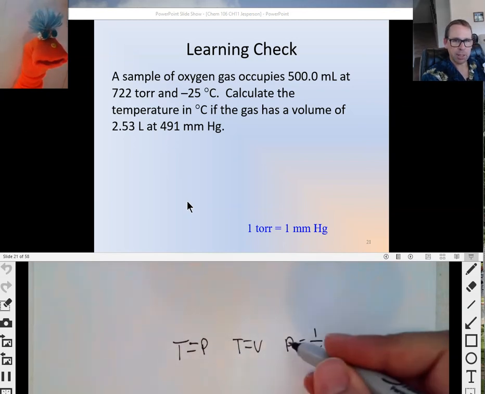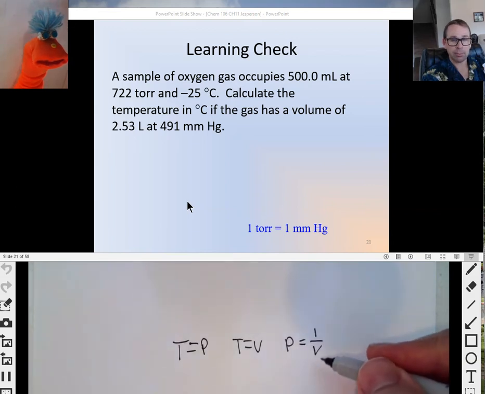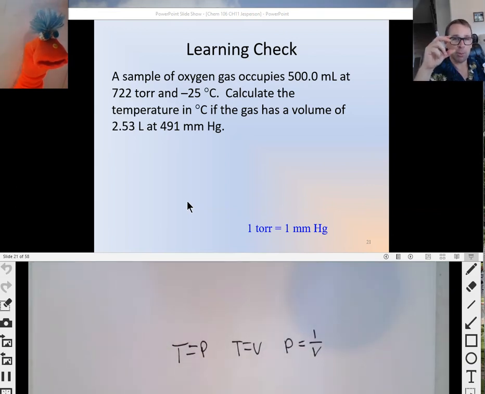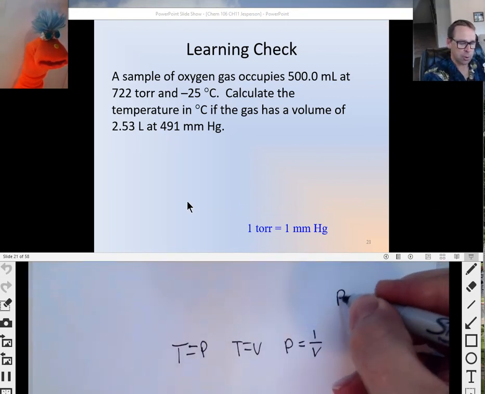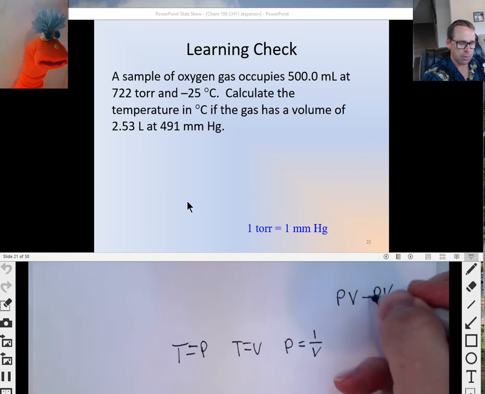So now let's think about this pressure and volume scenario. Pressure goes up, the volume goes down. That's the example of taking our balloon, which has a volume, and putting it underwater: the pressure is increasing and the volume goes down. And for those scenarios, pressure and volume have to be related to each other like this.